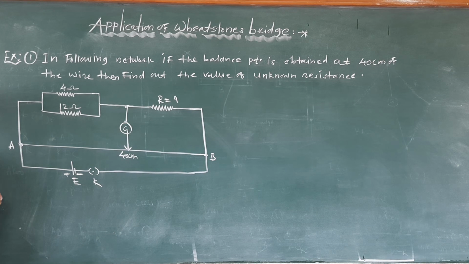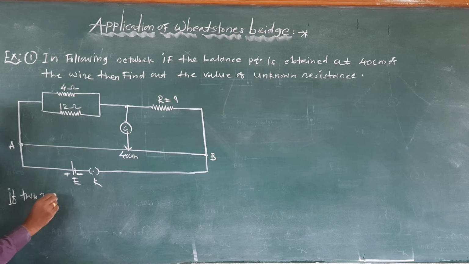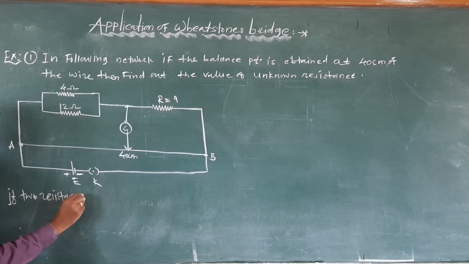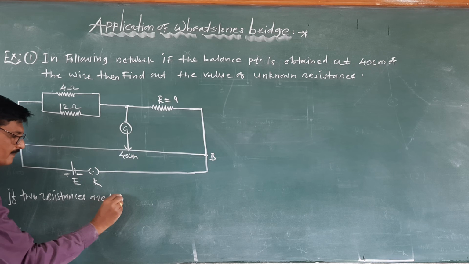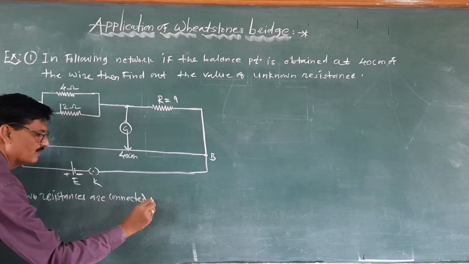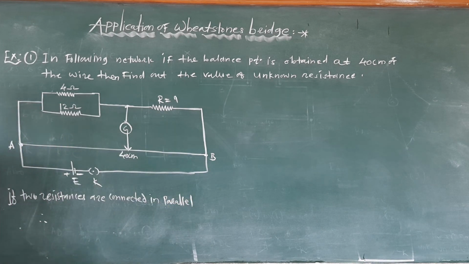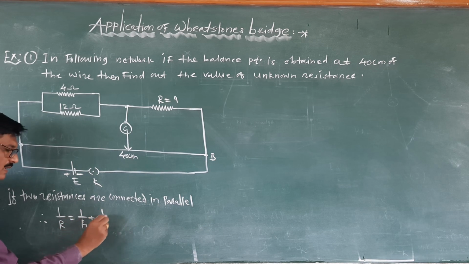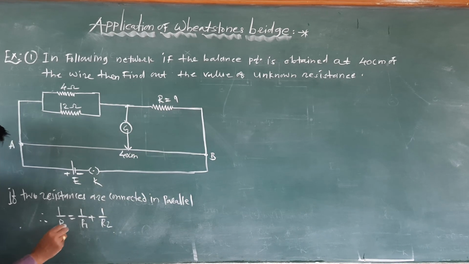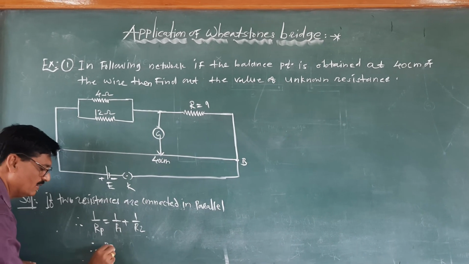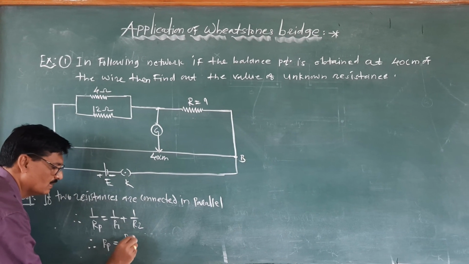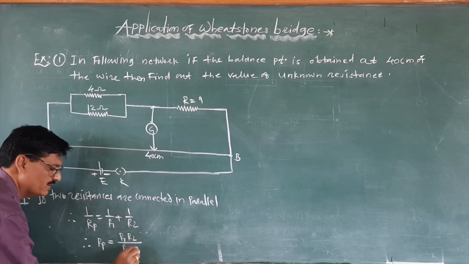If two resistances are connected in parallel, their effective resistance is 1 upon RP equal to 1 upon R1 plus 1 upon R2, so RP is equal to R1 R2 divided by R1 plus R2.